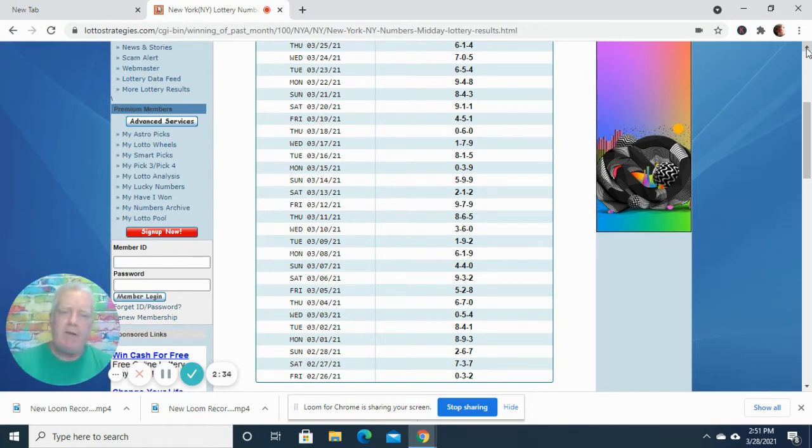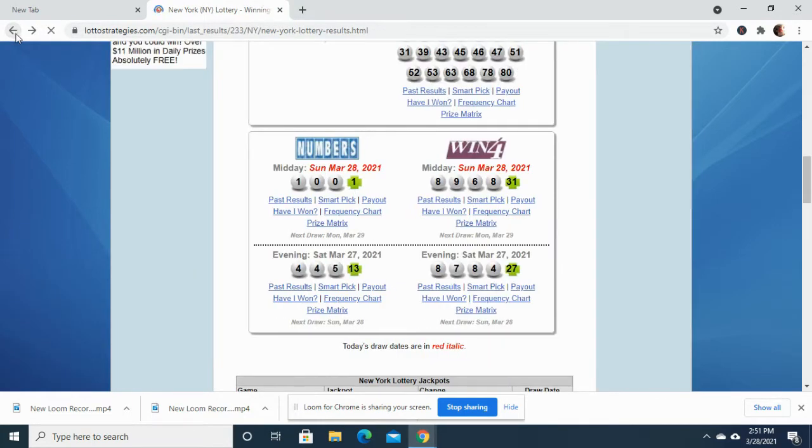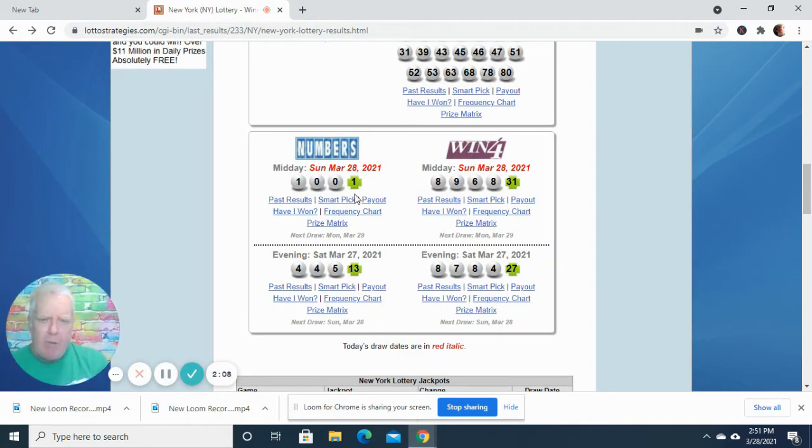Usually when I do Pick Three, I look to see what numbers are coming up in the first column, what numbers are coming up in the last column. Then I see what numbers are coming up in the middle column, and I kind of try to predict what the next number might be, where my odds are. But if you go back now, let's go back, and you hit frequency chart.